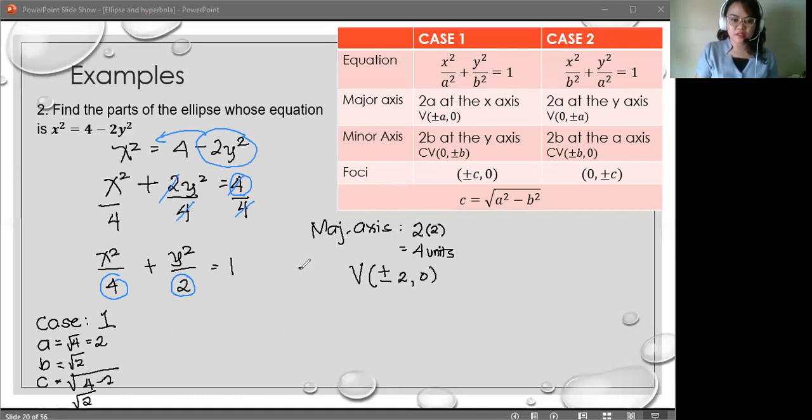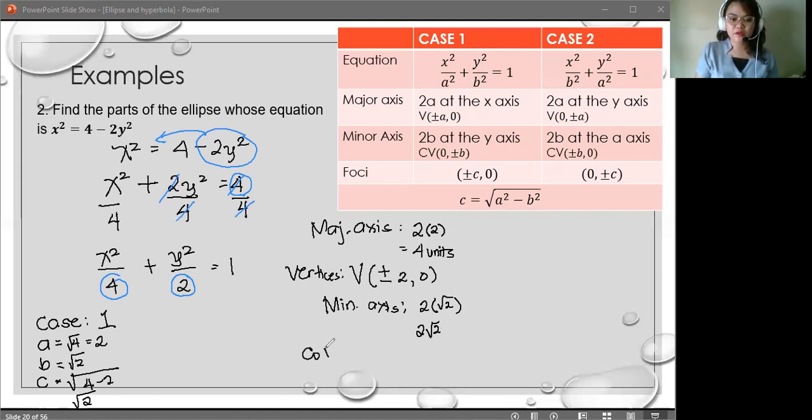For the vertices, vertices, sorry, plural. Alright. And then for the minor axis, we have 2b, so 2 times the square root of 2, or simply 2 square root of 2.